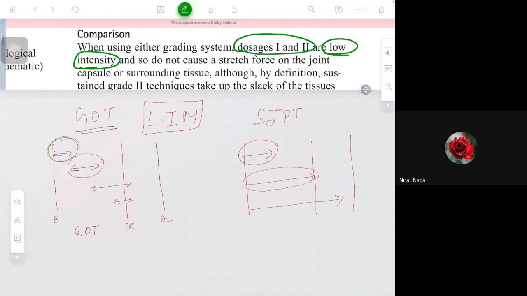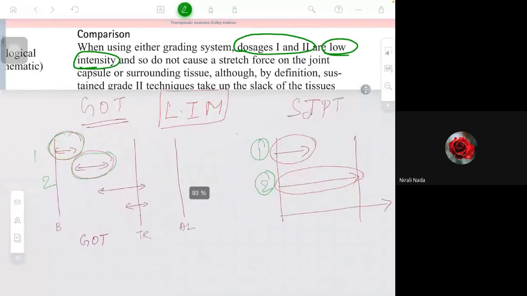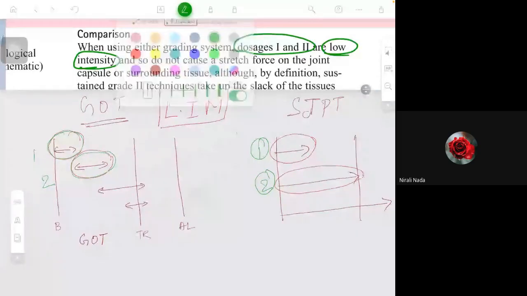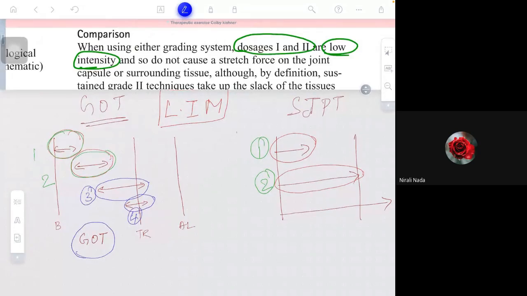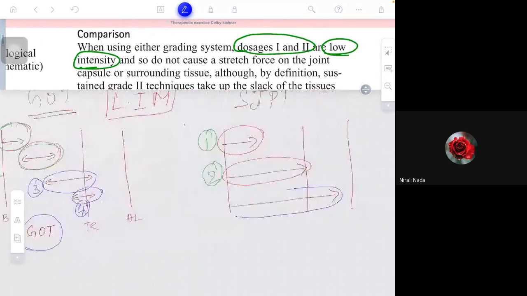This 1 and 2 of graded oscillatory technique is similar to 1 and 2 of sustained joint play technique, and grade 3 and grade 4 of graded oscillatory technique is compared with grade 3 of sustained joint play technique.